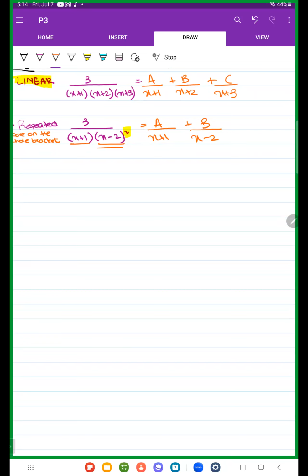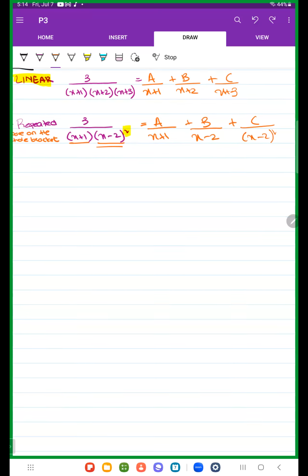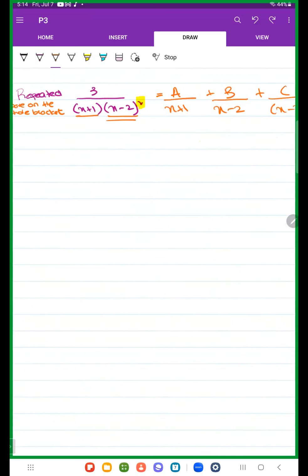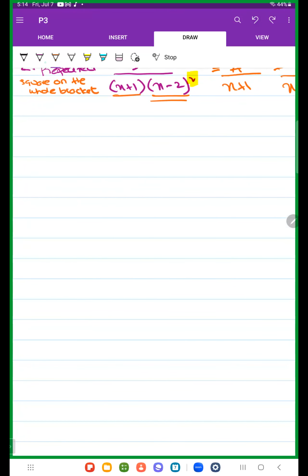You take it once. And when you do c, you put a square on the bracket. So the bracket with the square will be opened once as a linear form, then with the square. Understand? Okay.